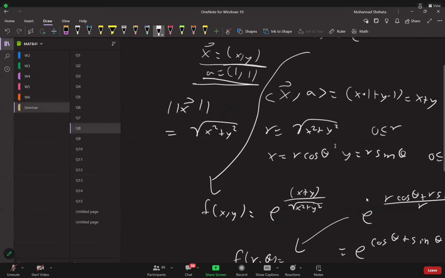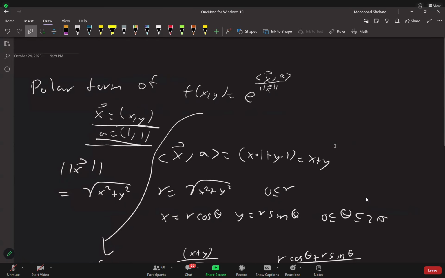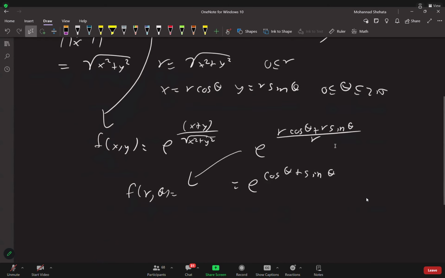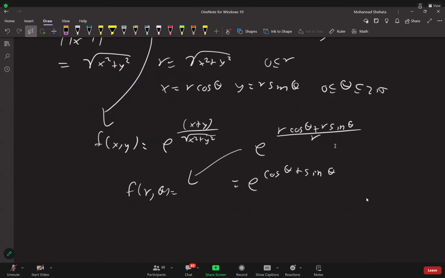We're not talking about the limit for this one. In polar form, if it's dependent on theta, then the limit does not exist. A limit where exactly? The limit as what approaches what?